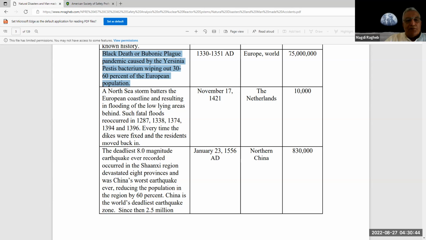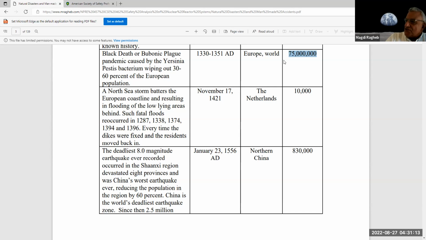And look how many people it killed. 75 million people, that is the estimate, when the world population was much less than what we have today. Just in comparison, the Spanish flu that happened in 1919, very similar to what we have today, the COVID-19, caused the deaths of 75 million of the world population.